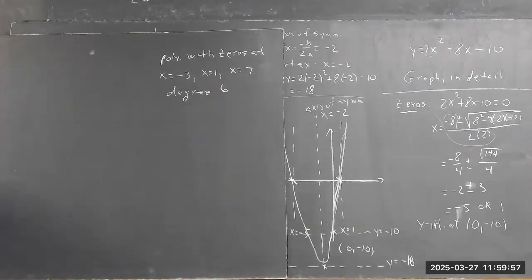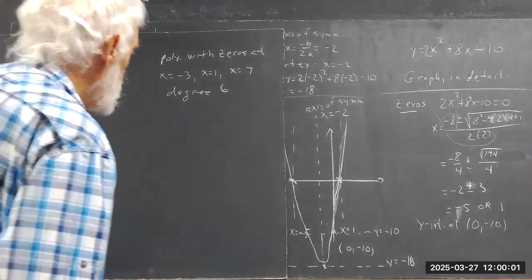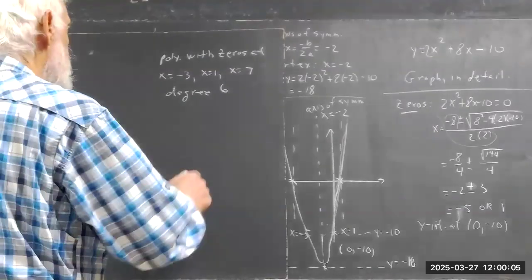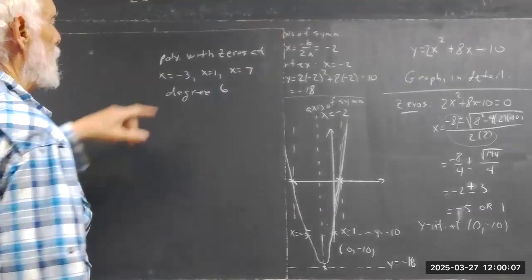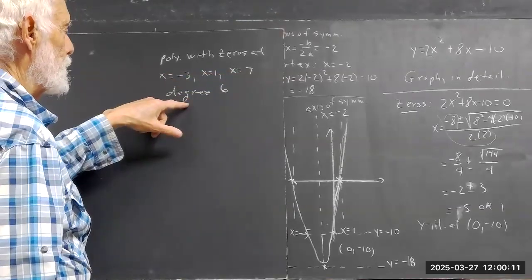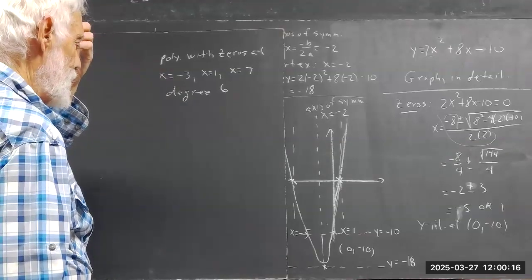So let's say I say polynomial with zeros at -3, 1, and 7, degree 6. Well, you've only got 3 zeros, but the thing's going to have a degree of 6.